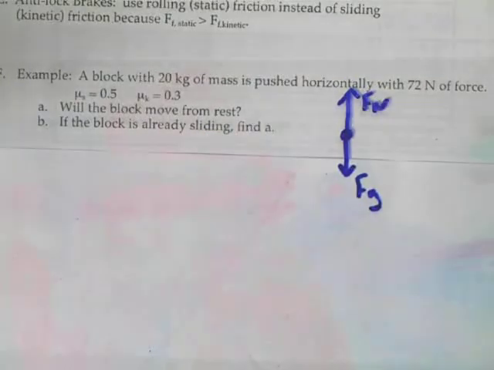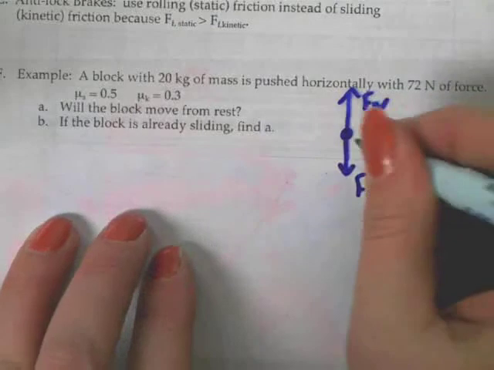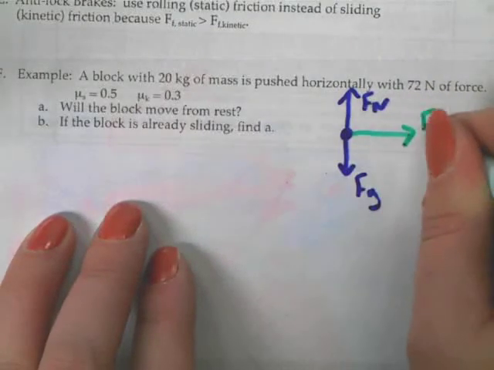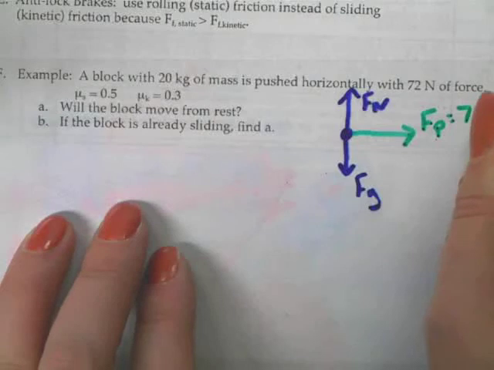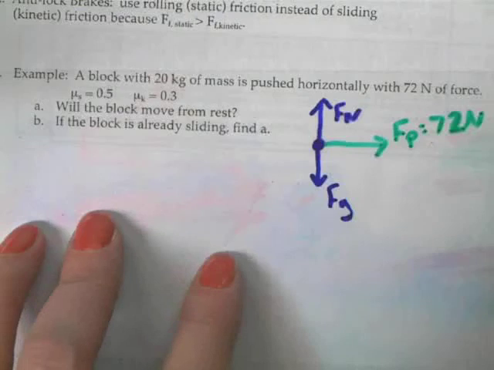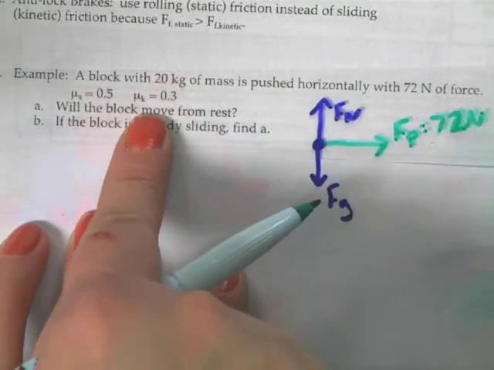Normal force, because the ground is a solid surface supporting it. So we have some normal force, we have some force of gravity, so that's 2. And then we are pushing on it with 72 newtons of force. So this is the force of push, and I can actually give that a number immediately, 72 newtons of force.